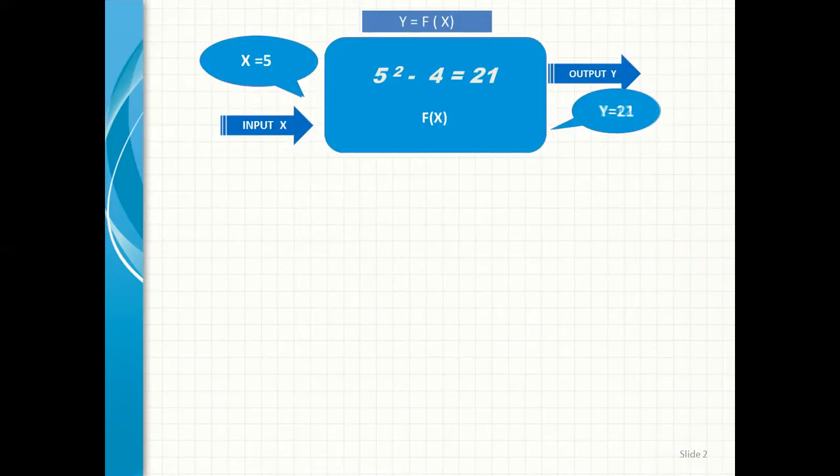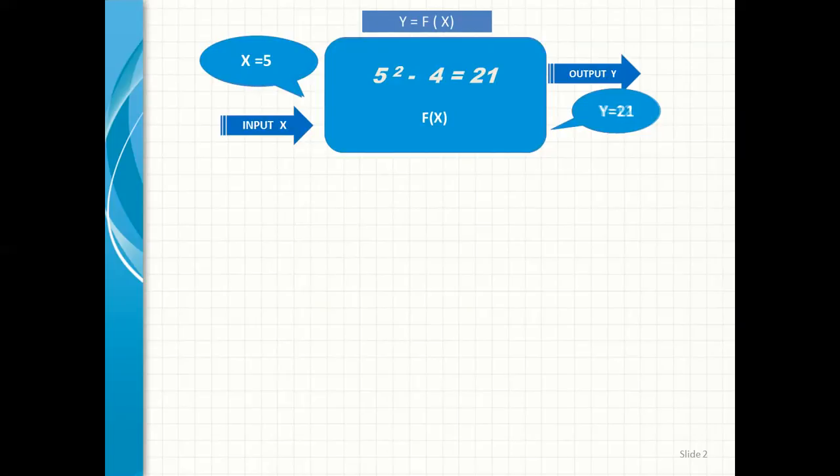So I can't have y equal to 21 and y equal to 25. That is not permitted, because I would not know which value to choose, and there would be a lot of confusion. So the value of y is basically unique to x. Every x will have only one value of y.